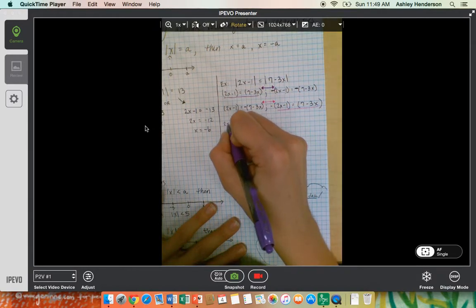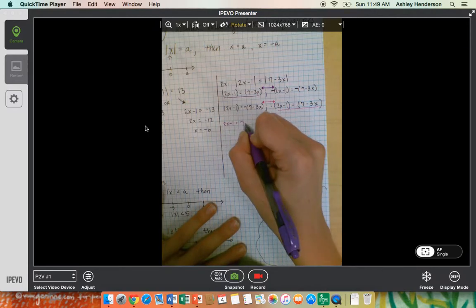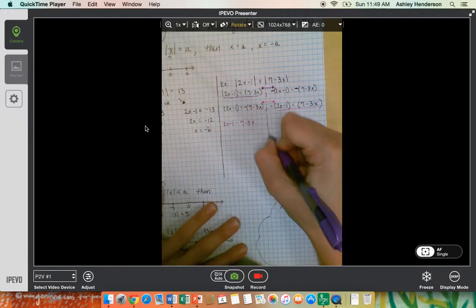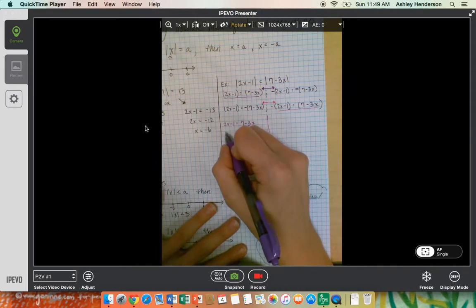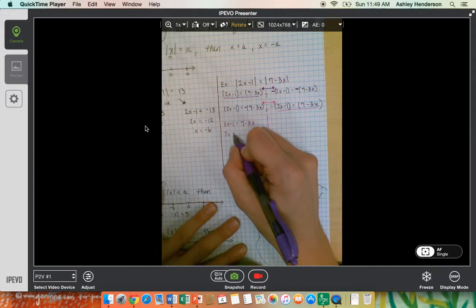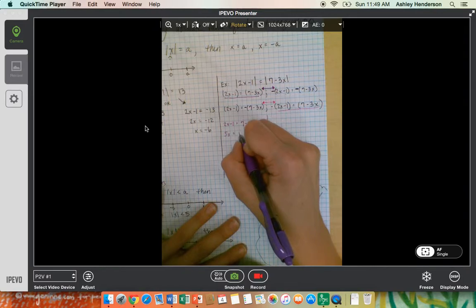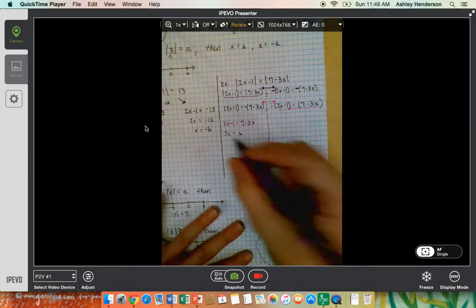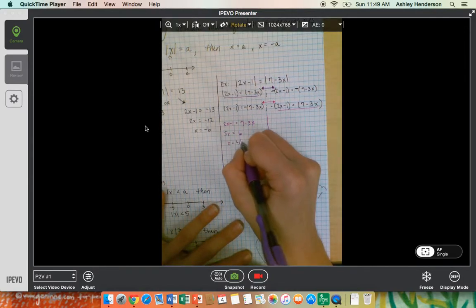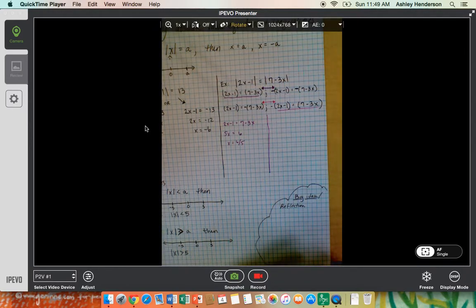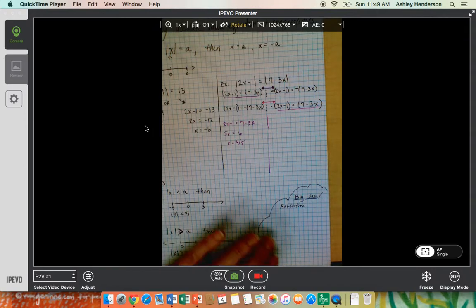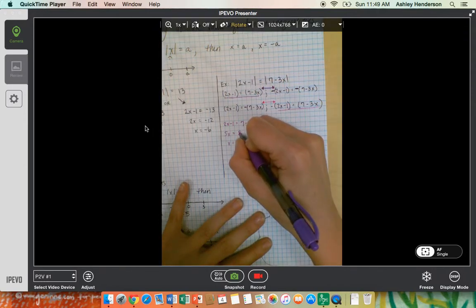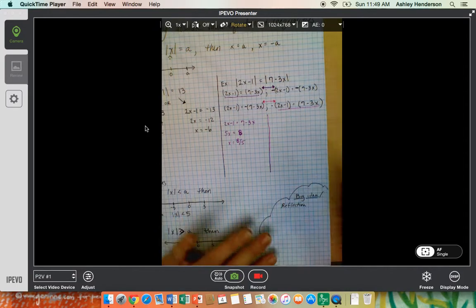So solve 5x equals 6 and x equals 6/5. That's option A. Oh, that's an 8. Silly. 8/5.